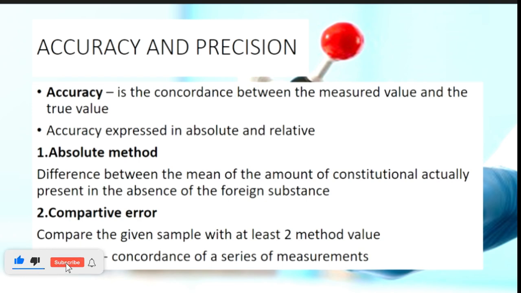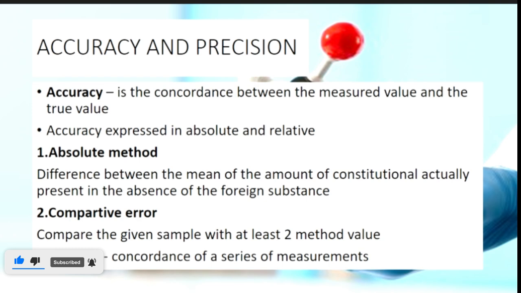So next, this relative error is further divided into two methods, that is absolute method and comparative method. Absolute method means the absolute value of the particular sample or solution, and then the concordant value which we get in the absence of foreign substance.